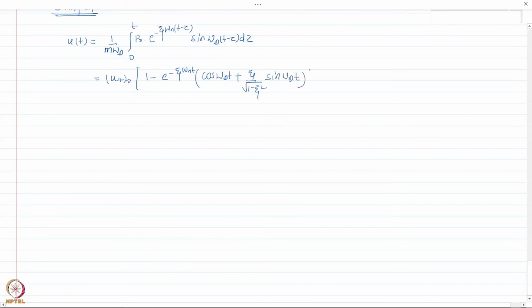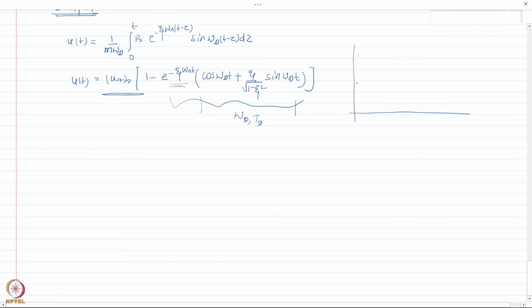If you see again, this is oscillating about this u_st. However, the second term now oscillates with the frequency omega d, or time period T_d. But with time, because of this exponential term, the amplitude starts to decrease.